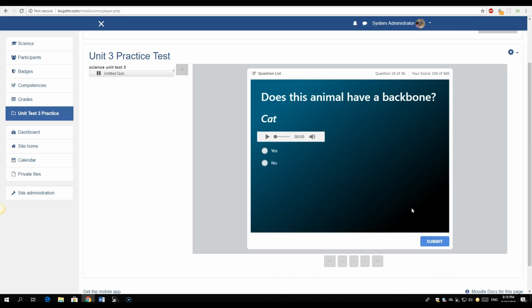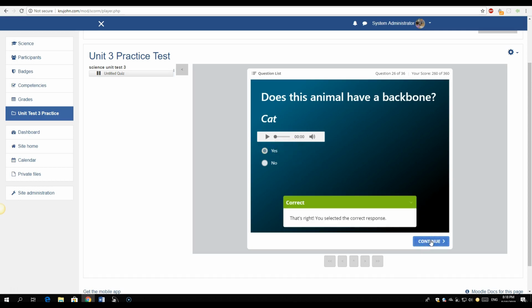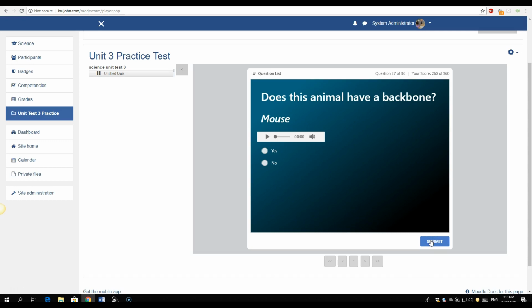Cat. A cat is a mammal. Mammals have backbones. Yes, it does. Mouse. A mouse is a mammal. Mammals have backbones. Yes, it does.